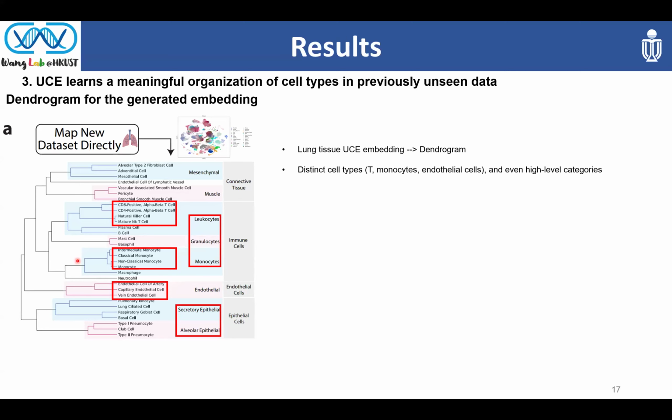They don't provide how they generated the data. They just use this data and plot the dendrogram. For how to generate this data, they say we have the data set and we use UCE to generate the embedding.